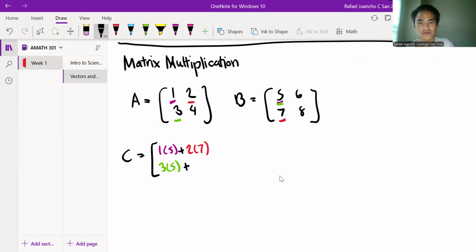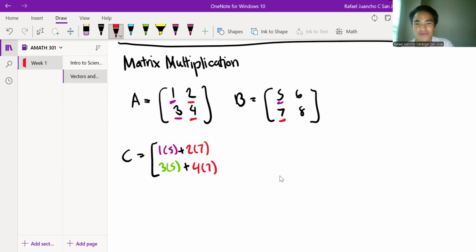Then we're adding it to 4 times 7. Actually, we could have just done purple all the way. And then we have 4 here. Okay, so this is 4 times 7.